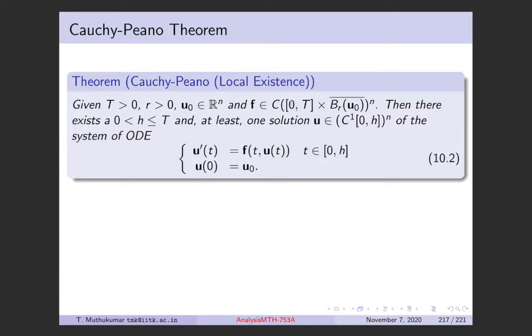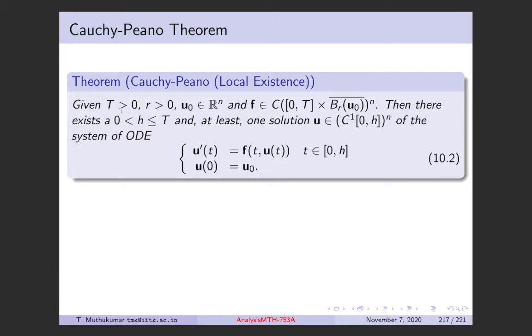Okay, here again, what we have said is that previously f was defined on the entire R, right? The second argument could be in the entire R. Here we have taken f to be defined on a ball of radius r centered at the initial value u naught. But that is only for technical purposes here. The idea is that when you relax the Lipschitz continuity to continuity, you have a local existence, right?